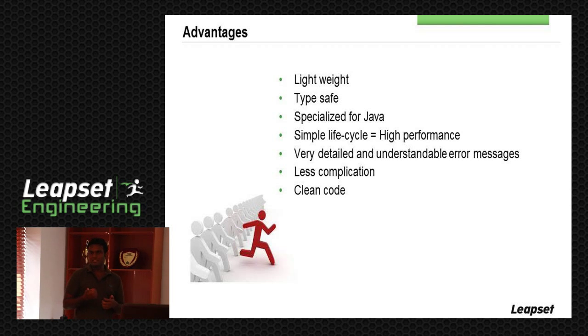And it's less complicated because we don't need any XMLs or anything. As I have done earlier, we extend one single abstract class, just bind the classes and simply call the inject, that's it. Which again gives us clean code. There are no extra classes or XMLs, only the Java classes, and very clean.